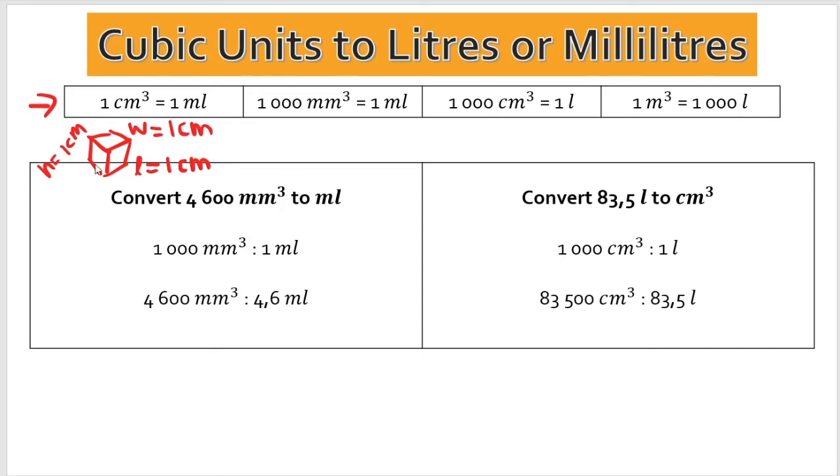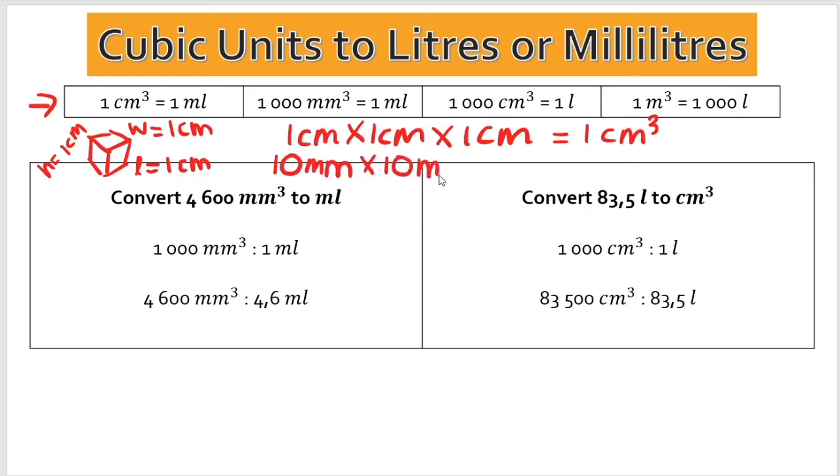And because I'm working with centimeters, I can easily convert that to millimeters. But remember, we are working with cubes here. So 1 centimeter by 1 centimeter by 1 centimeter is equal to 1 centimeter cubed. If I want to convert it to millimeters, I need to convert each one of these centimeters first. 1 centimeter is equal to 10 millimeters.